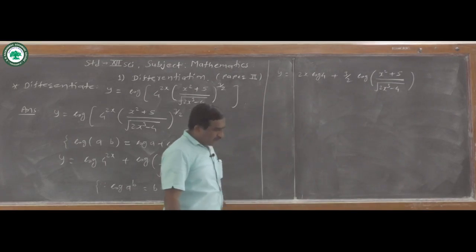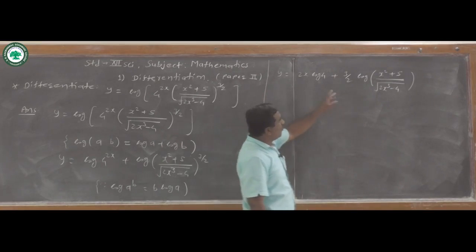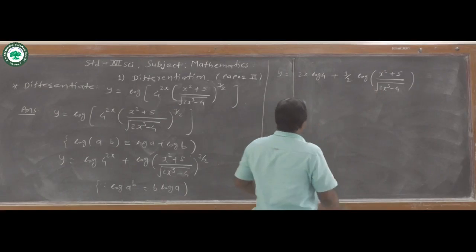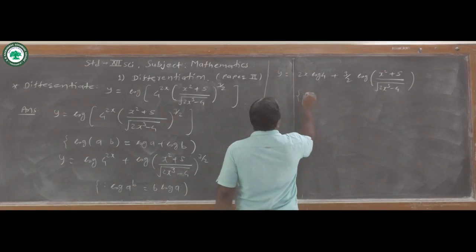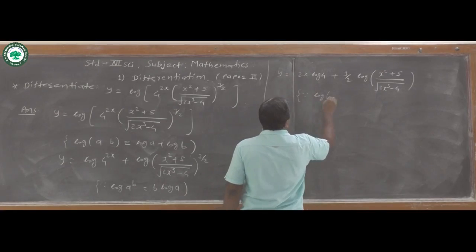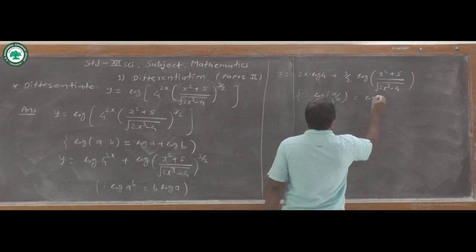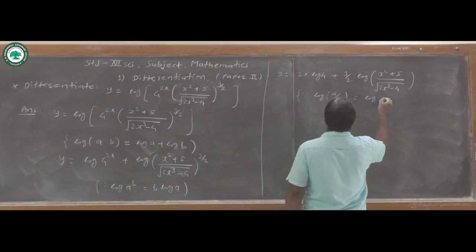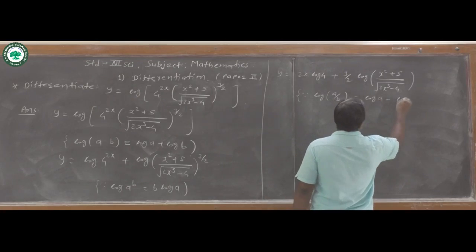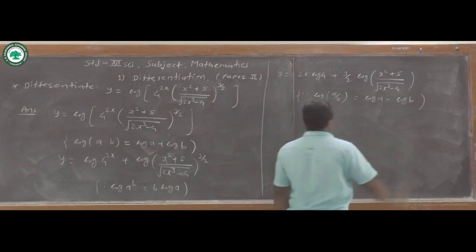Okay. Now first term keep as it is. Now for the second term, again we use second rule of logarithm, since log of a upon b is equal to log a minus log b.